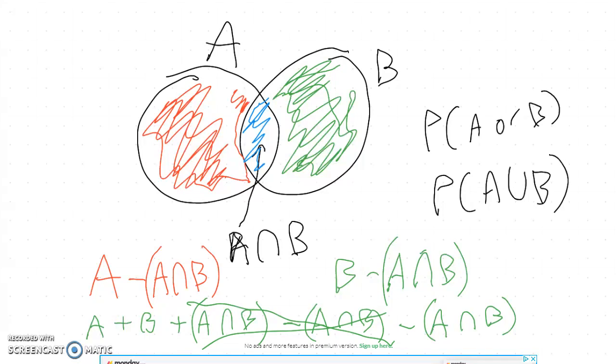It's adding the same thing and subtracting it. So this whole thing is just A plus B minus A intersect B, and that's the formula for A union B.